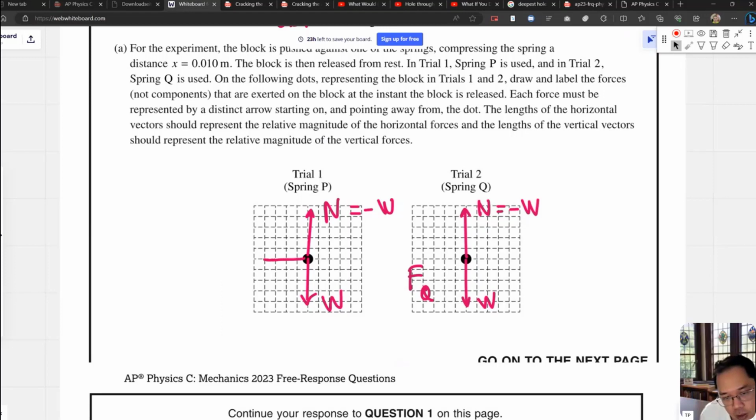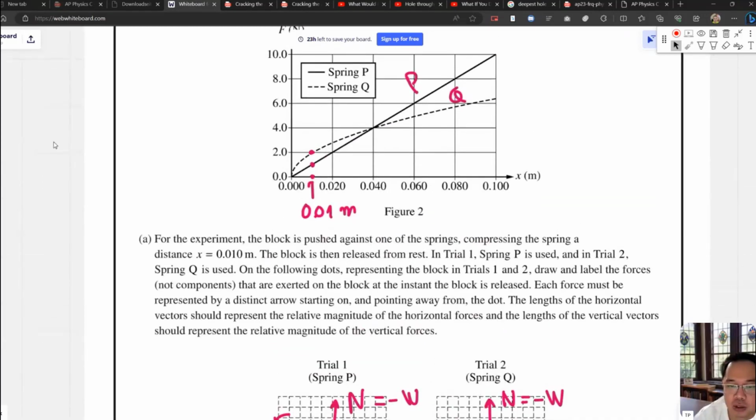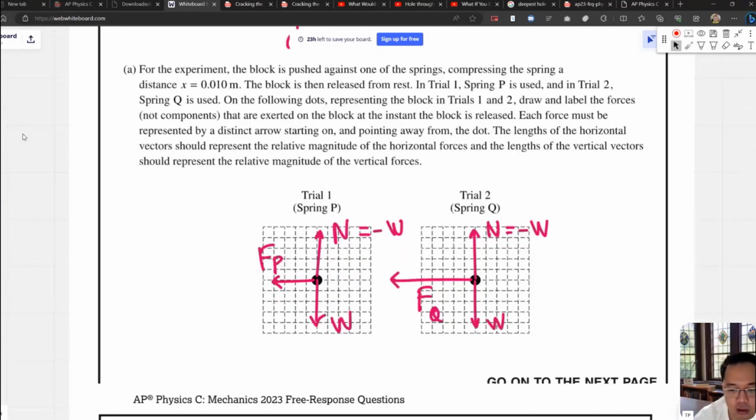So you can draw F_P like this, and F_Q longer. Or you can even use one tiny cell to represent the magnitude. So F_P is 1 newton and F_Q is 2 newtons. So this vector F_Q must be twice F_P, double the length. So that's the first one.